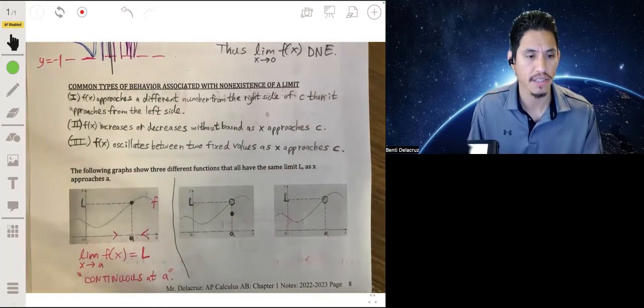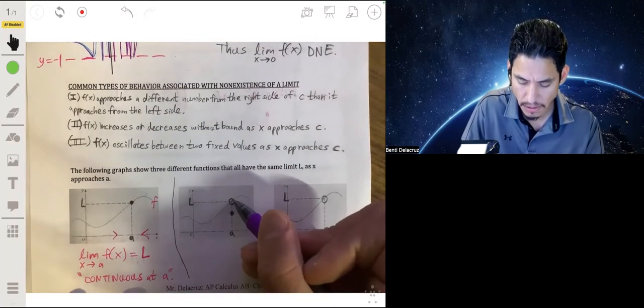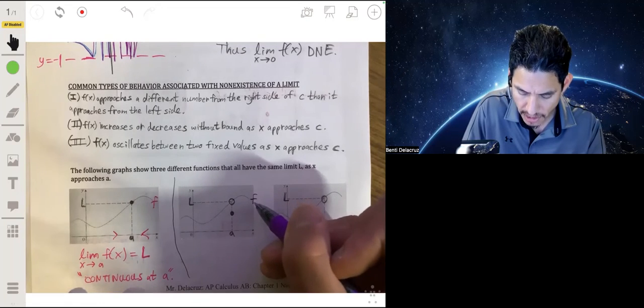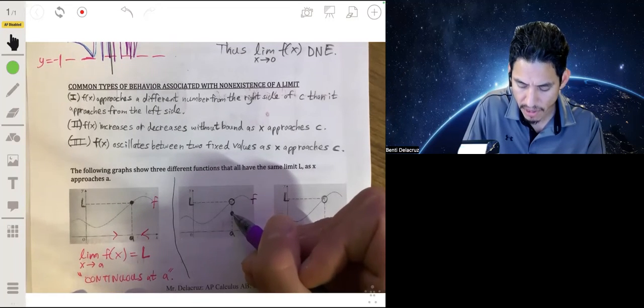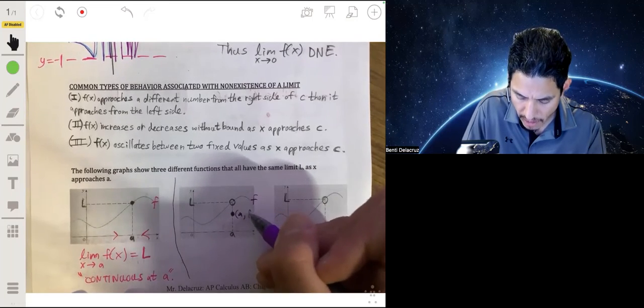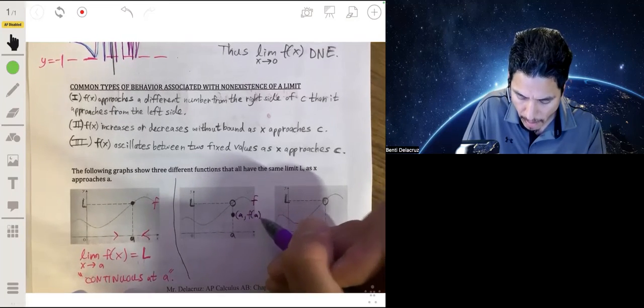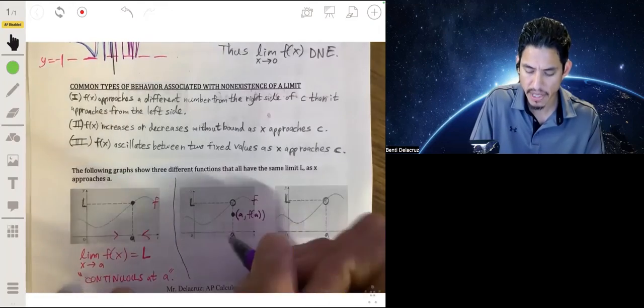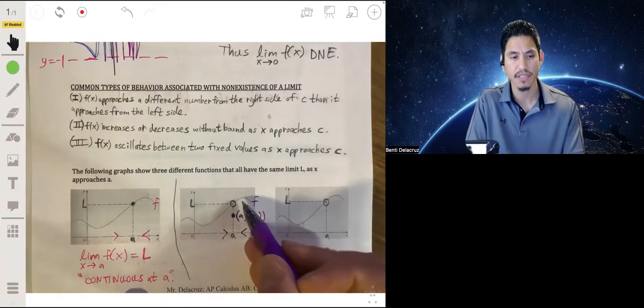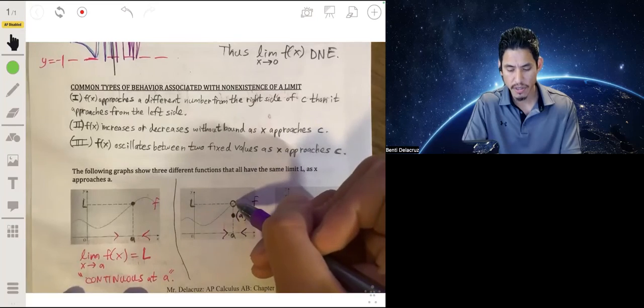Now, in the second case, we have a hole. Let's call this f. We have this point here at A, and f of A. But even as we approach A from the left side and right side, you're still approaching this circle, this hole.